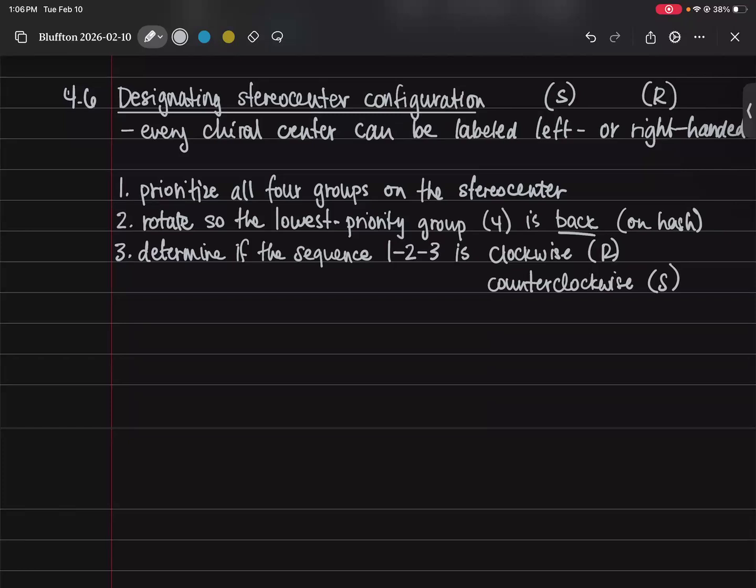So what does this actually look like? Okay, here's our molecule. And we want to determine if it's left or right-handed, R or S configuration. I actually kind of misspoke there. I said the molecule is left or right-handed, but we're really just talking about that carbon that is chiral.